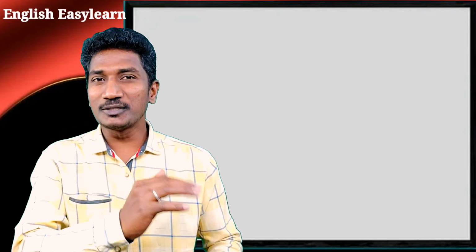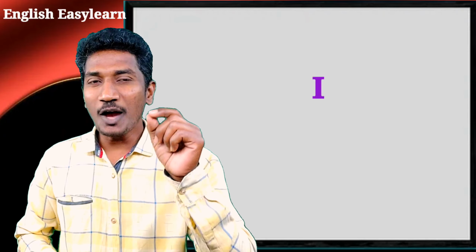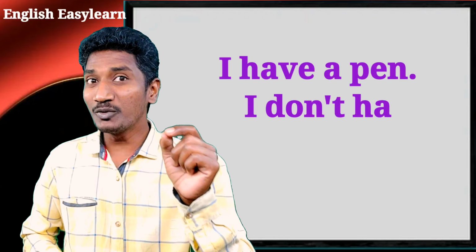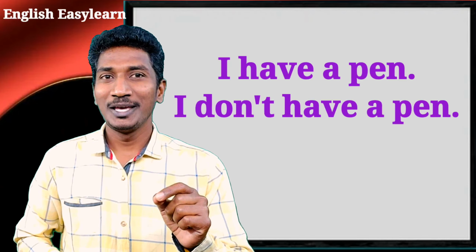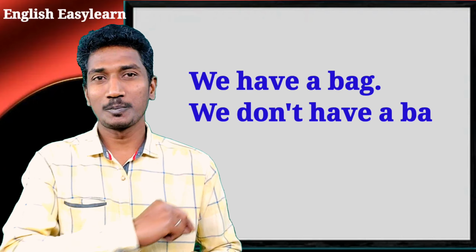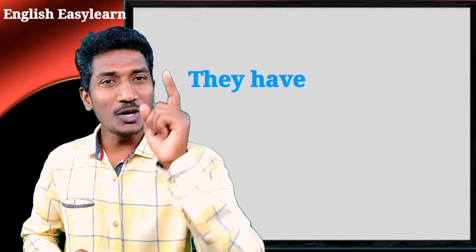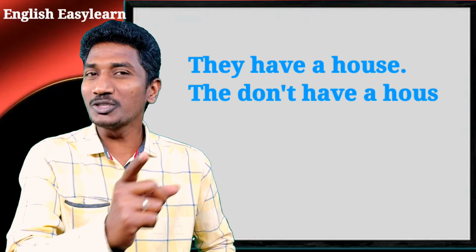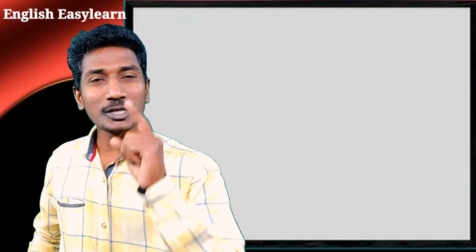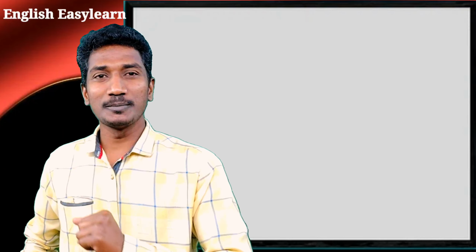If you are saying I have a pen, we have to say I don't have a pen. We have a bag, we don't have a bag. They have a house, they don't have a house. We use it like this. Then what about he, she, it?